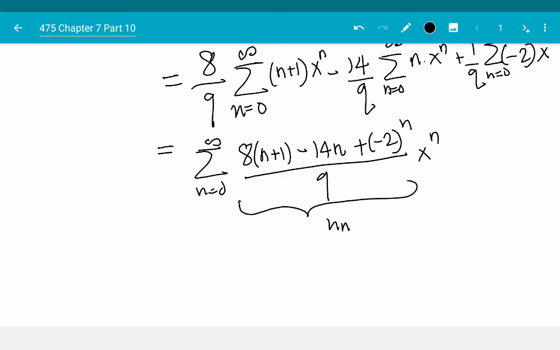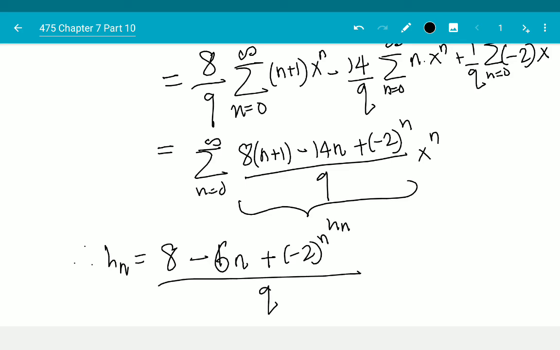And now you can check that, therefore, h_n is equal to 8 minus 6n, since 8n minus 14n is minus 6n, plus negative 2 to the n, all over 9, for n greater than or equal to 0.